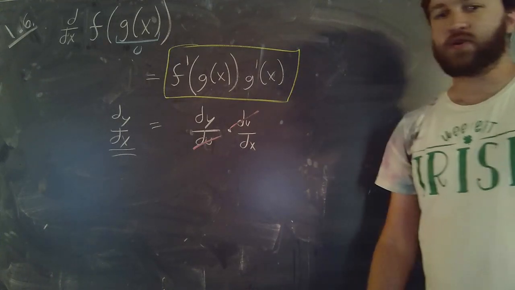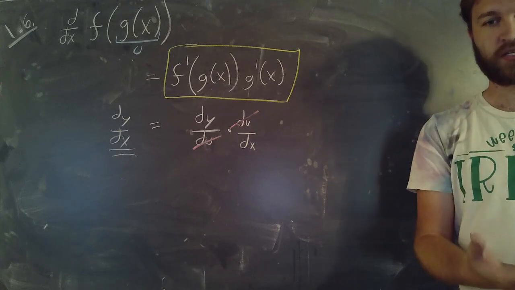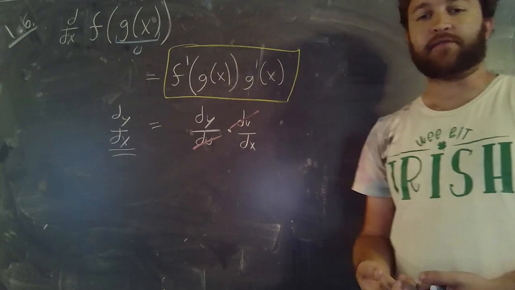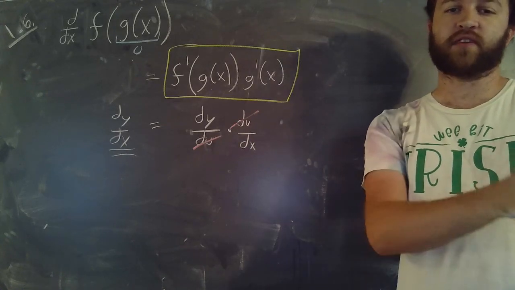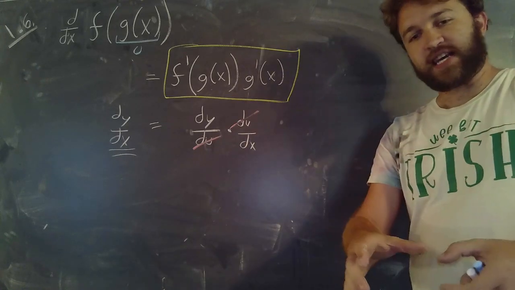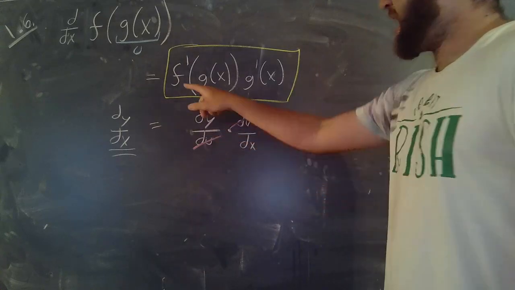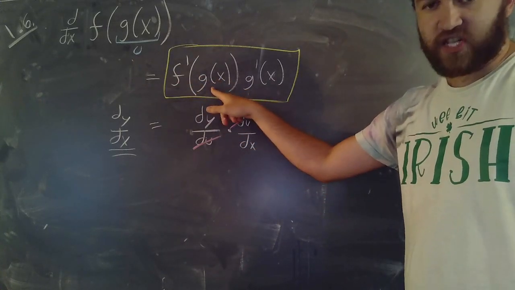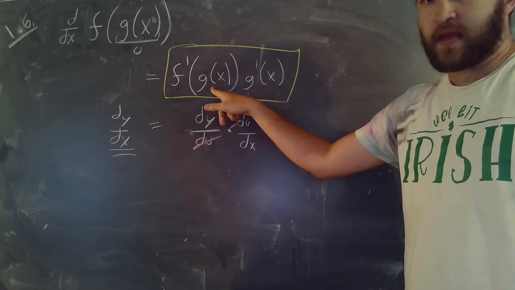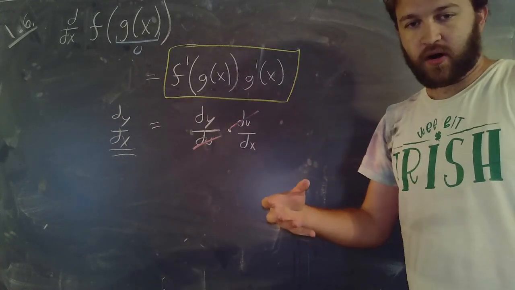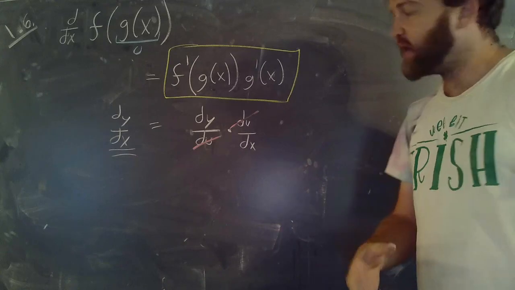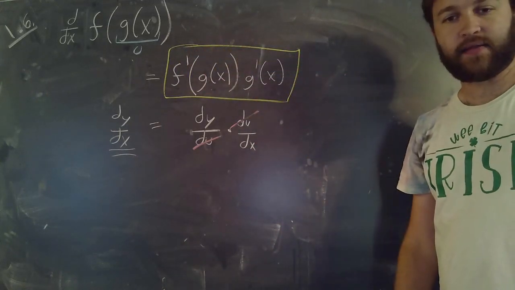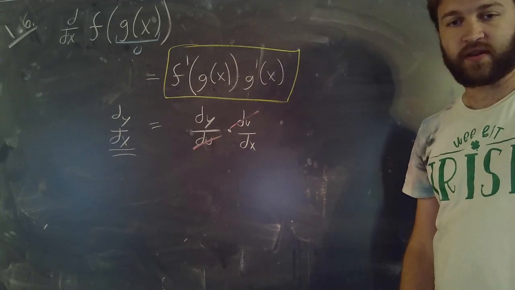But anytime you have two functions that have been composed together to produce another function, like f of g of x, if you can break it apart and you can figure out which part of it is f and which part of it is g, then we take the derivative of f and we plug in g for x, then we take the g part, we take the derivative of it, and we just multiply what our result was by the derivative of g.